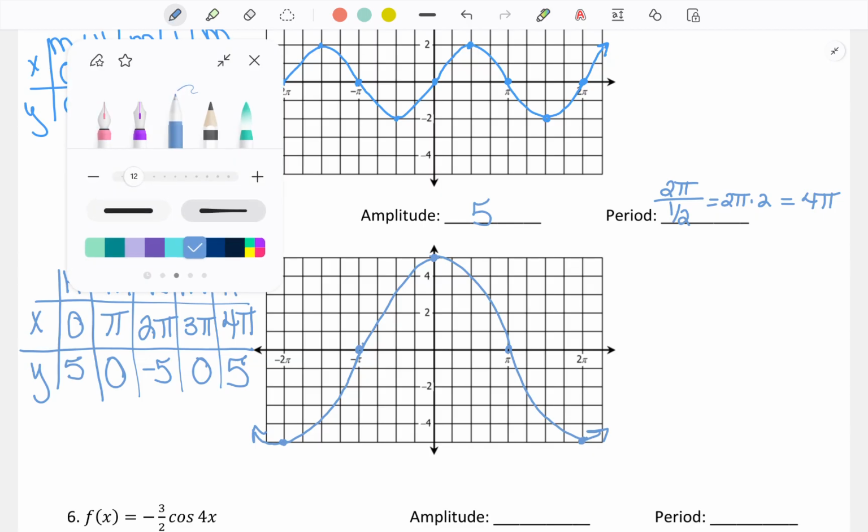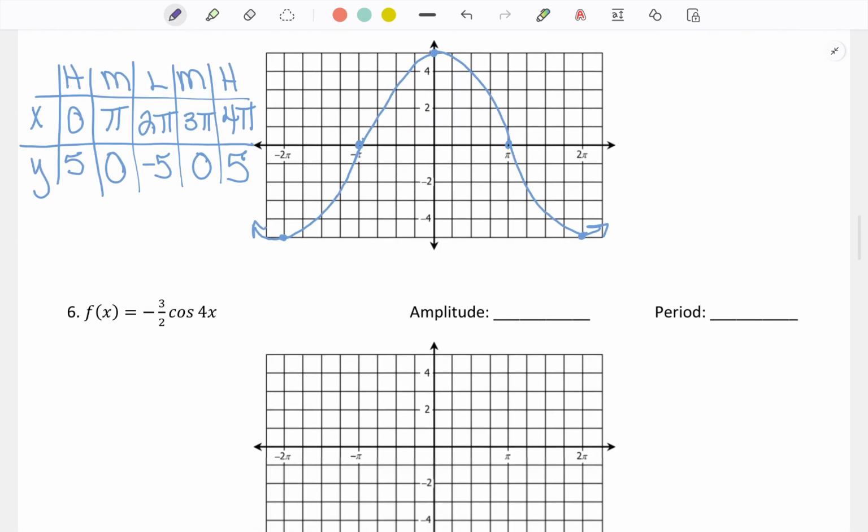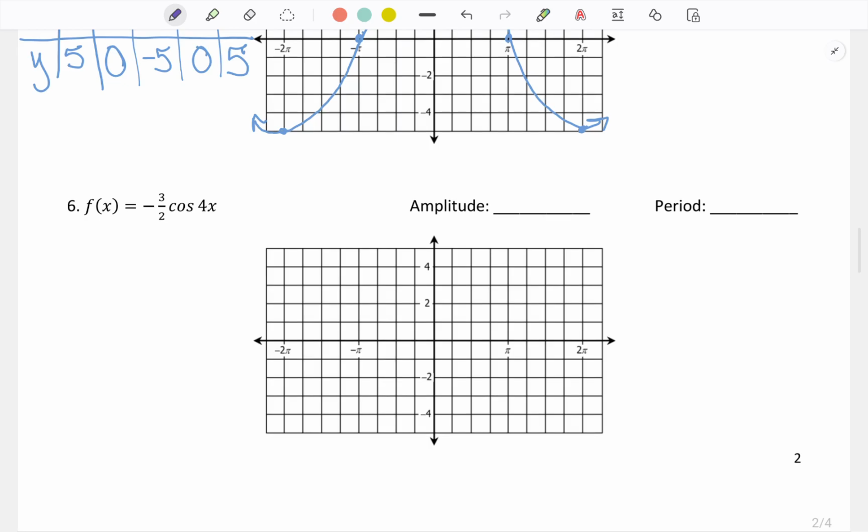So then at number 6, we have an amplitude of 3/2. We do have a negative. This is going to flip the pattern because it is a reflection. And then we have a period of 2 pi, and then our b is 4.